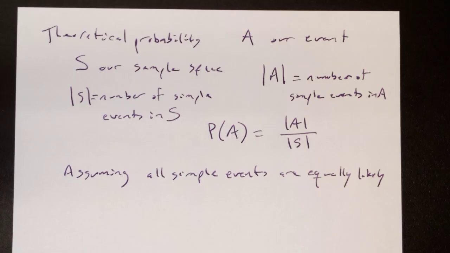But assuming a fair coin, I flip this coin, what's the chance that it came up heads? 50%, right? 1 out of 2 options. 1 in my event, 2 in my sample space.